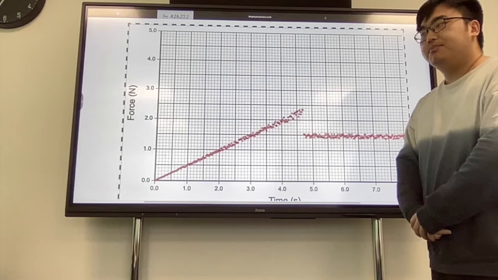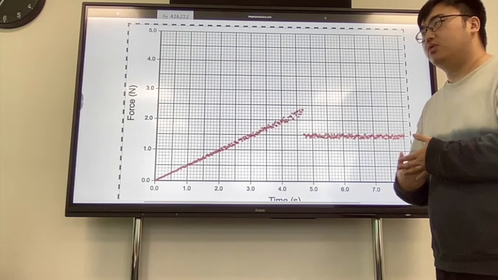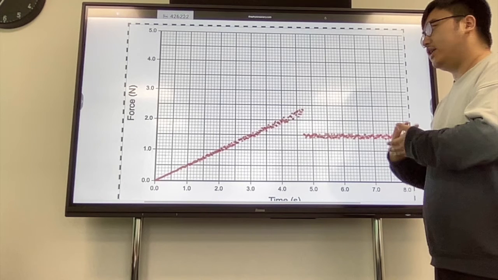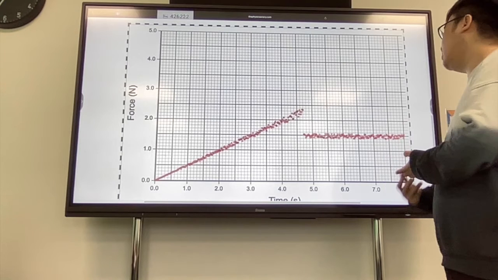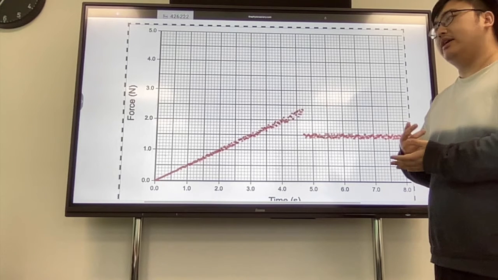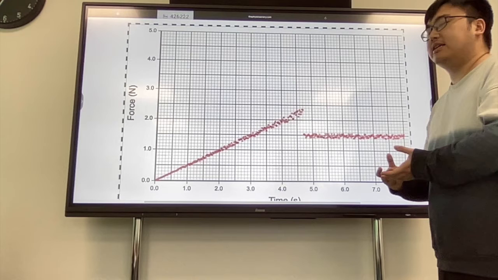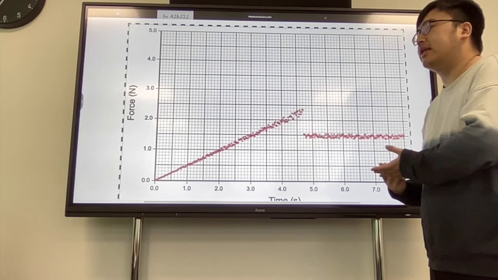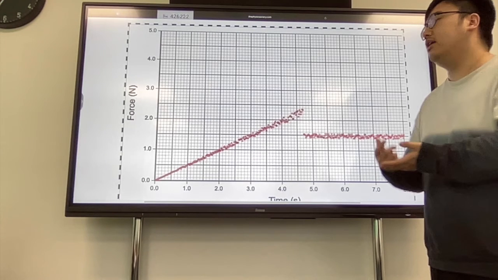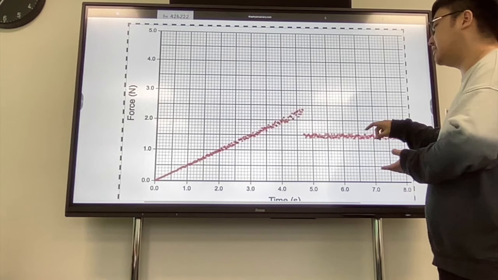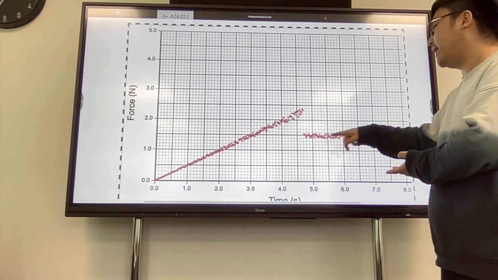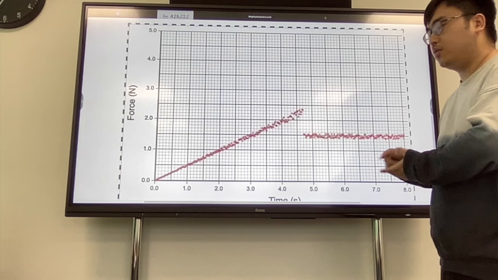Because we changed the materials, the coefficient of friction changed. It is easier to move on ice than on concrete, so we need a smaller force to make the thing move.